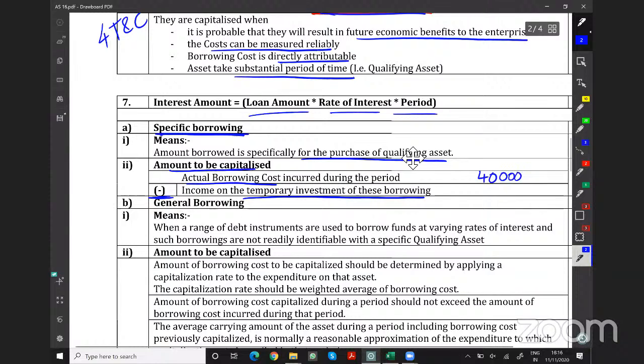So your actual cost incurred is 40,000. But for 2 months you have invested, right? So how much did you make? 2,000 rupees. 2,000 should be subtracted, and the remaining cost, which is 38,000, should be capitalized.